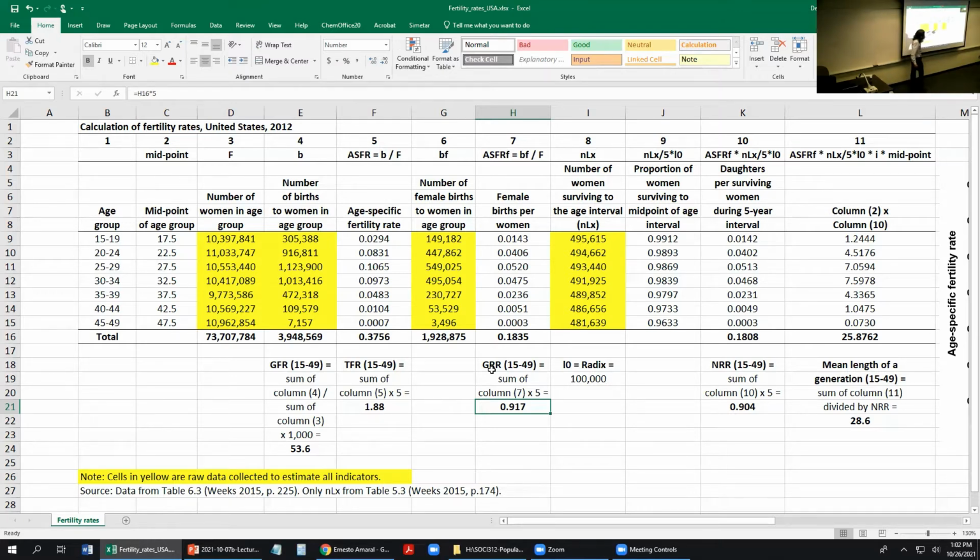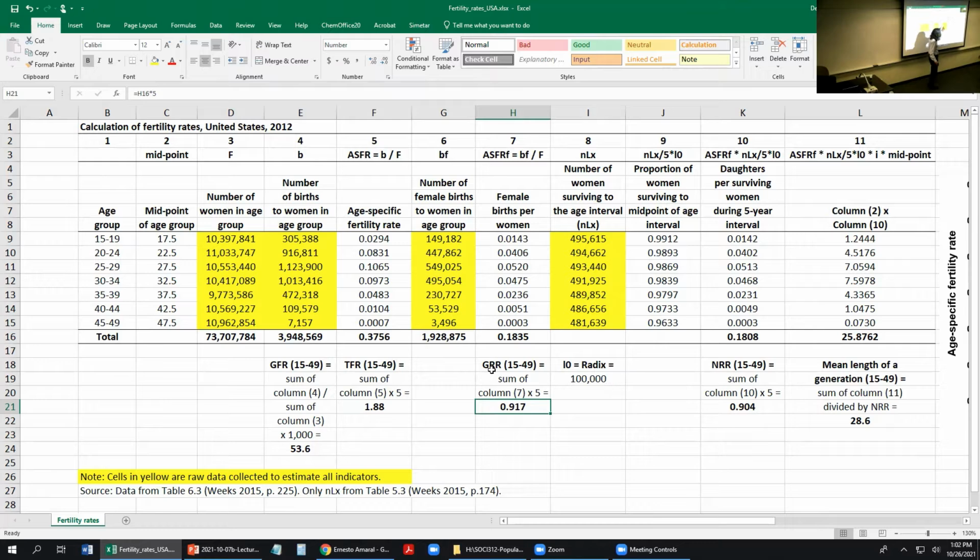So what is this data showing here? If I get 495,615 and divide it by 500,000, how much do I get? 0.9912. What is 0.9912? How do I interpret that? That 99.1% of women are surviving to the midpoint of this age group, up to the age of 17.